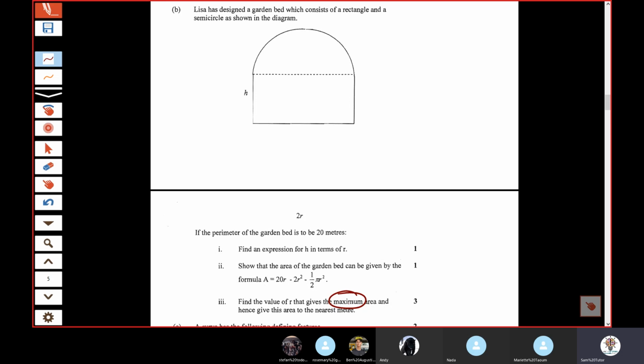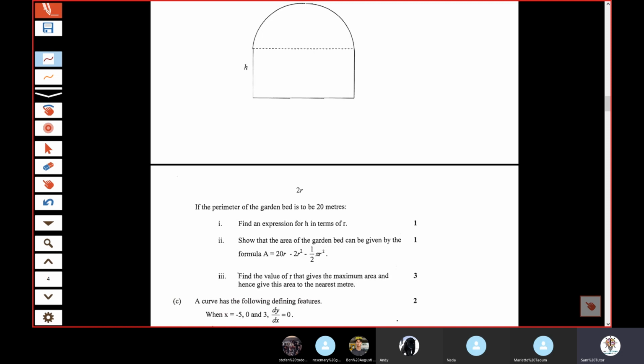Scan quickly, maximum. That word, you see that, you know it's a maximum. If you remember, this is HSC as well. I think one was a rectangle and a quarter of a circle. This was a semicircle. Same thing. Go. I don't think we need the top. We just need that bit there.